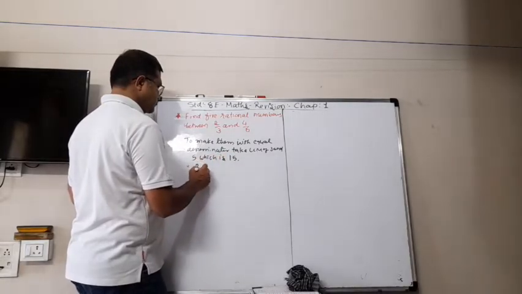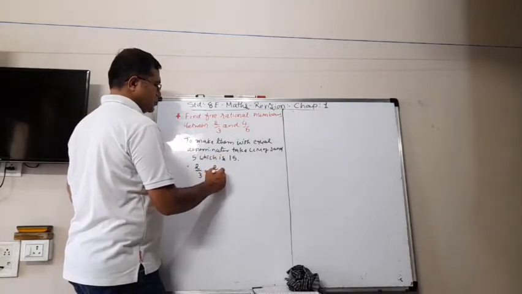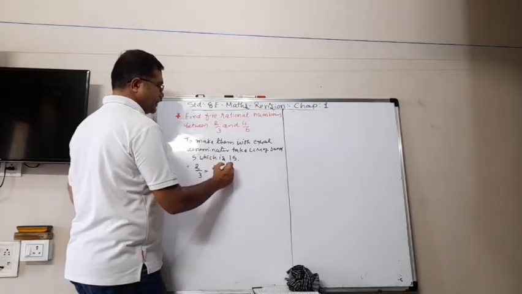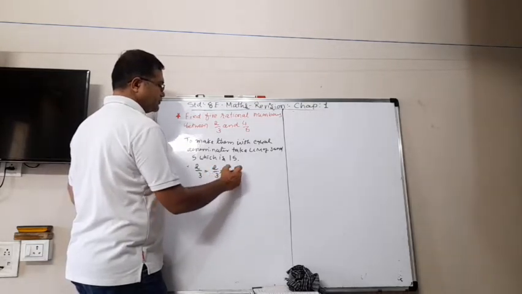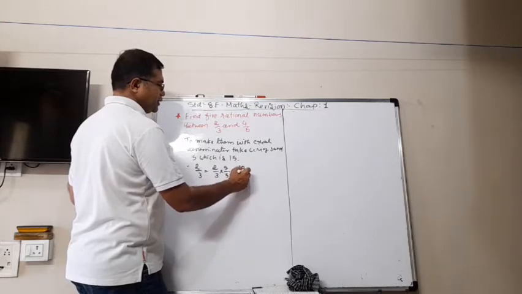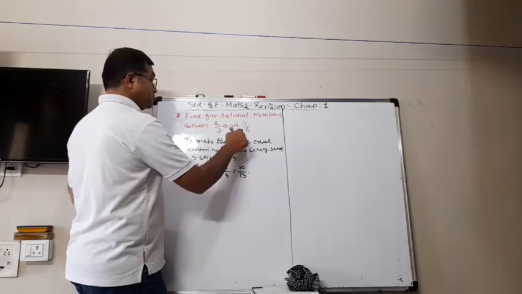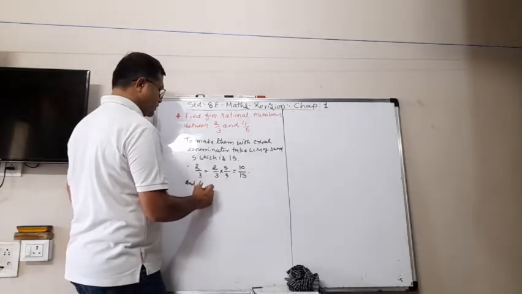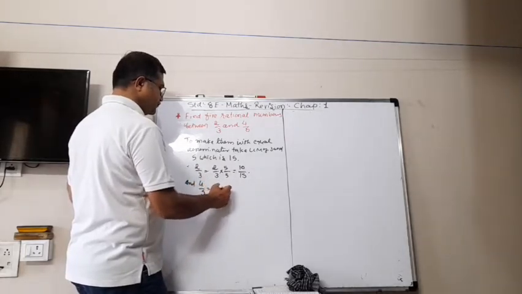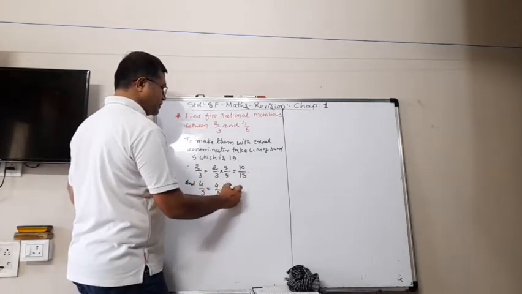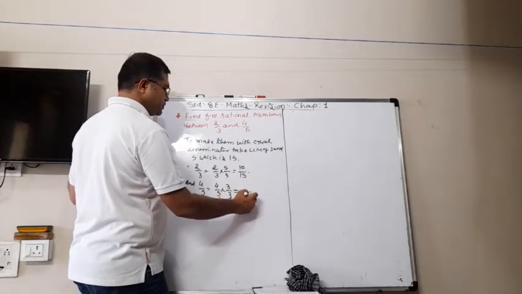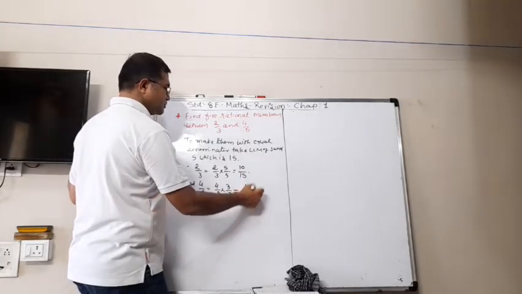Therefore 2 by 3 is equal to 2 by 3 multiplied by 5 upon 5, so 2 5s are 10 upon 15, and the other number is 4 upon 5. So 4 upon 5 multiplied by 3 upon 3 will be 12 upon 15.